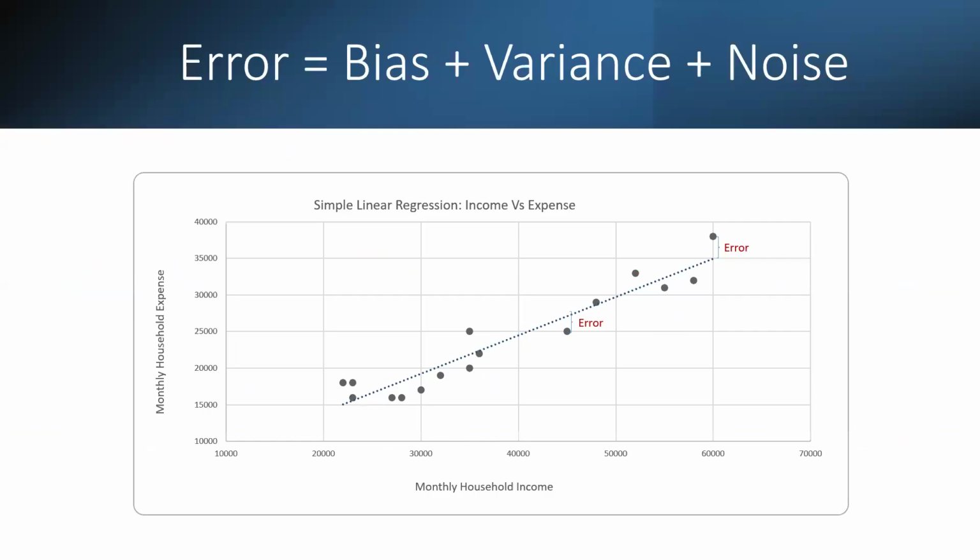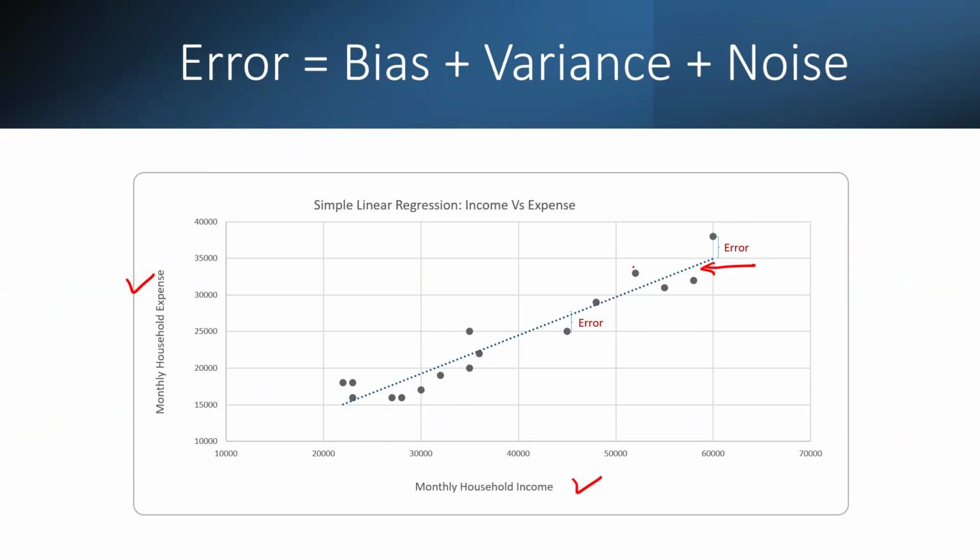Now, when we build a model, for example, in the image shown below, we are building a linear regression of income versus expense. We are trying to predict expense as a function of monthly household income. The dotted blue line is your regression line.